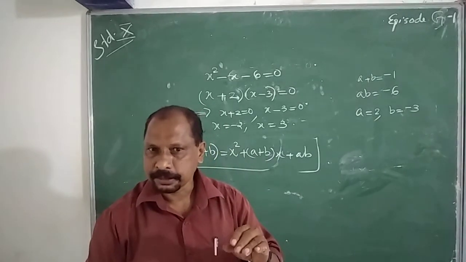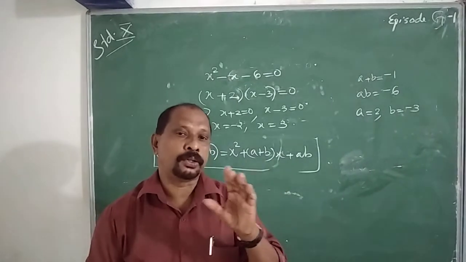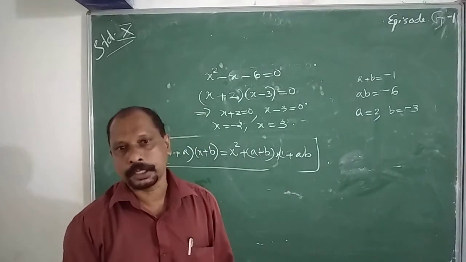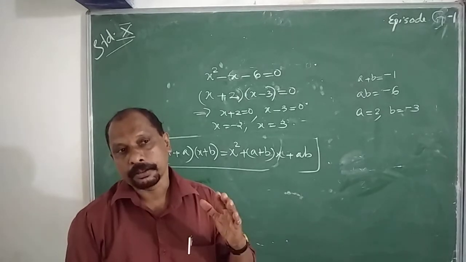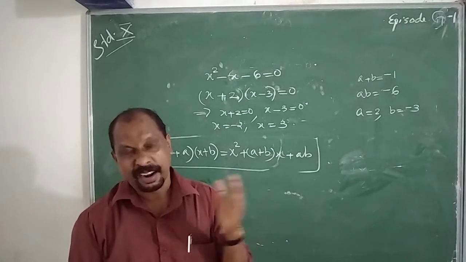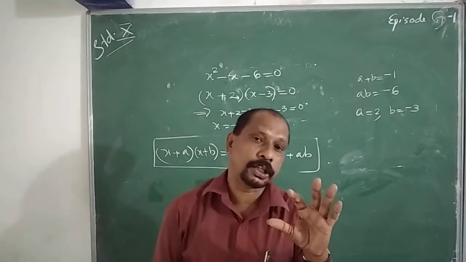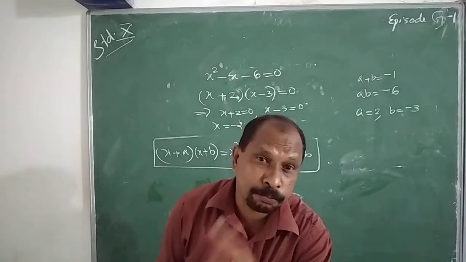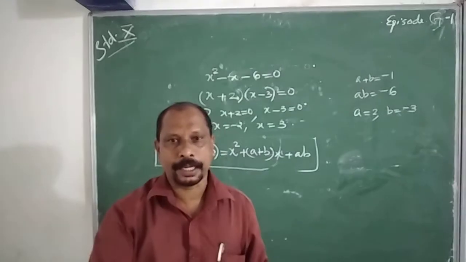These two values are known as the roots or solutions of that quadratic equation. We can convert this quadratic equation into two factors, which are first degree polynomials, that is x plus a, x plus b, etc.